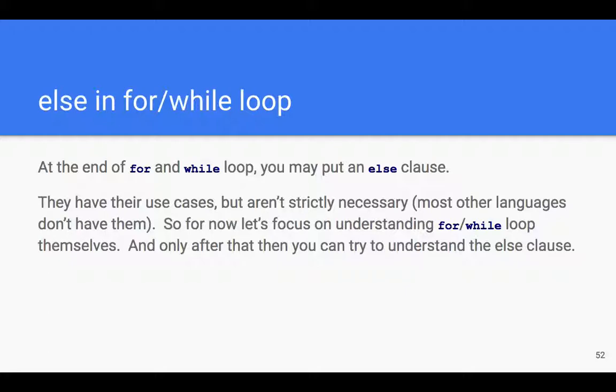But they do have their uses, that's why they're there, but they're really not strictly necessary. And for those of you who know other languages such as C++ or Java, they don't have an else clause for the for loop and the while loop. So that's why it's really not strictly necessary.